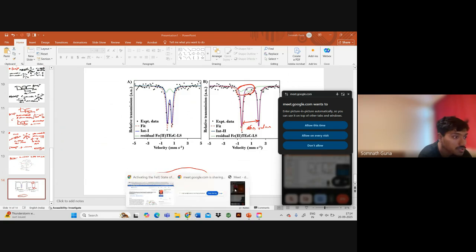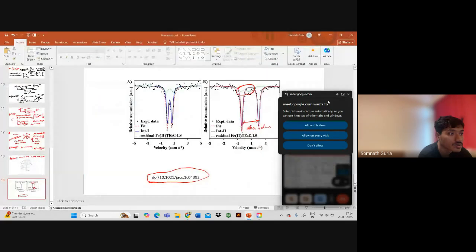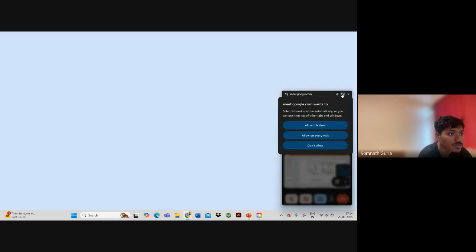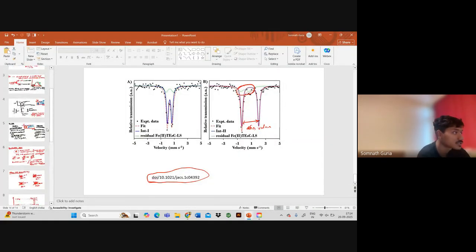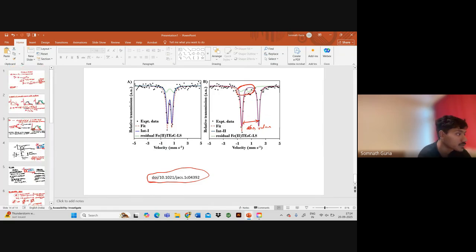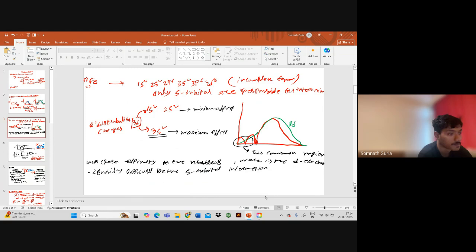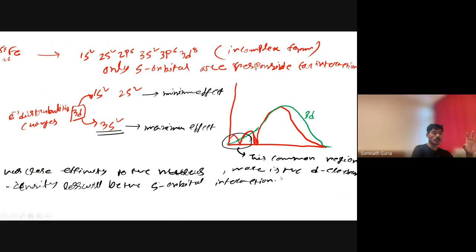To summarize all the parameters, we talked about how the s electron shielding effect plays a major factor in determining the characteristic of the iron center.